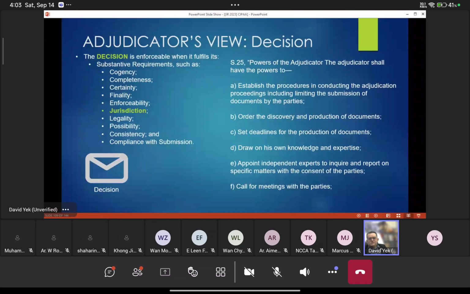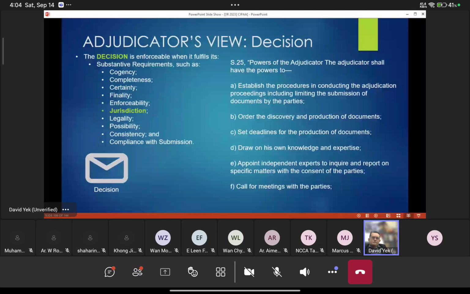That means at least you give the chance for the party to argue. You cannot just jump into conclusion and say I am God, therefore what I think is correct is correct. No such thing. Okay, even though you are extremely experienced and you are the experts in this field, you can't do that. So drawing on his own knowledge and expertise has to be taken with a huge pinch of salt. As long as you give a chance for the parties to argue, then it's okay. If not, it's not okay. Okay?